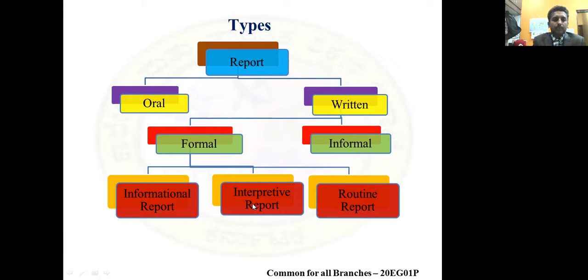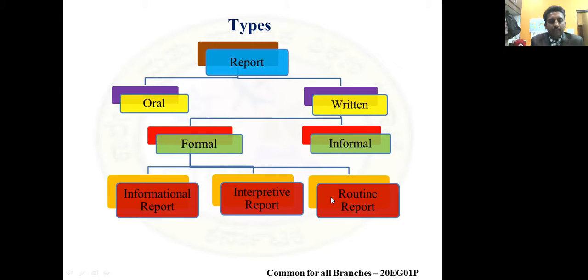Interpretive report, like informational report, contains facts but it also includes an evaluation and interpretation or analysis of data and the report's conclusion. And a routine report is prepared and presented at regular intervals.